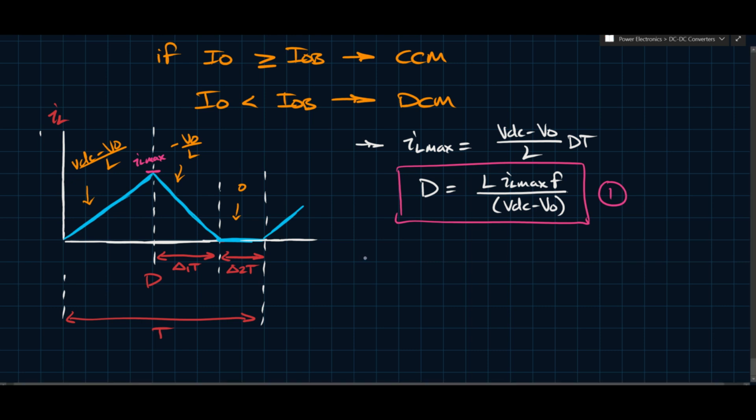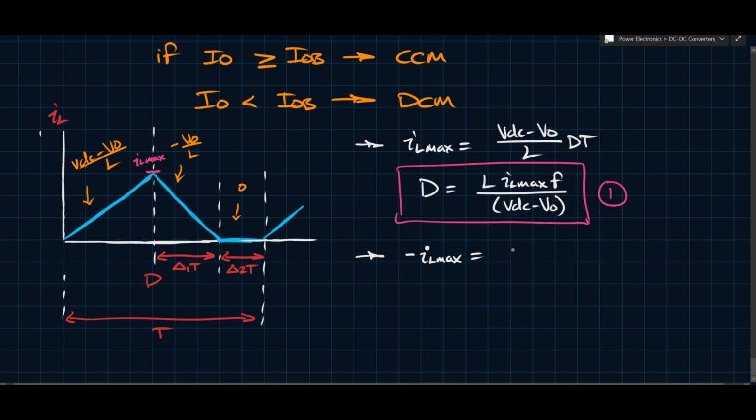Okay. Next, from the falling ramp, we see that this thing falls by minus IL max, right? So it goes from IL max to 0, meaning that the total change was a minus IL max change.